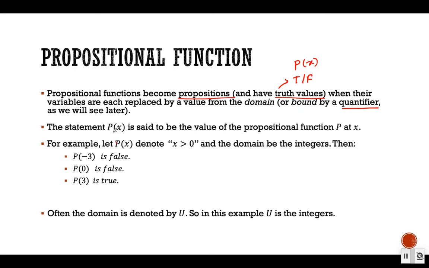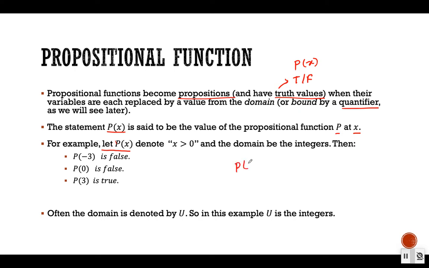So for example, this statement P of x is said to be the value of the propositional function P at x. Now let's see the propositional function P of x, or the predicate denoting x greater than 0.